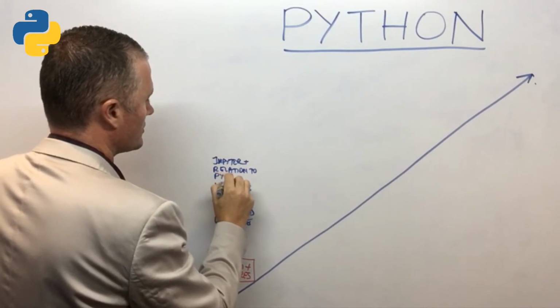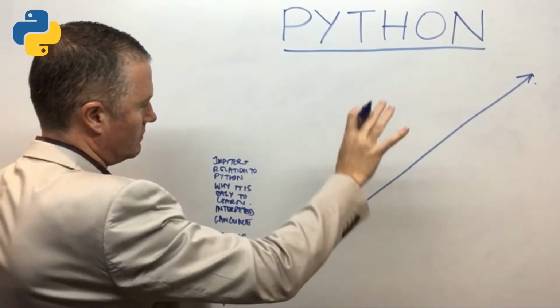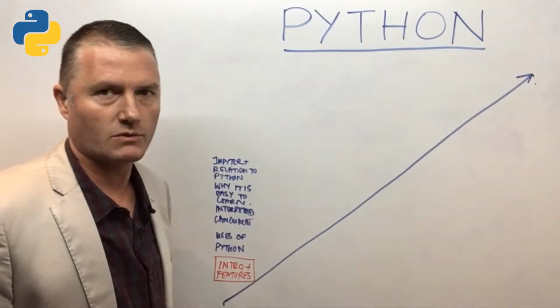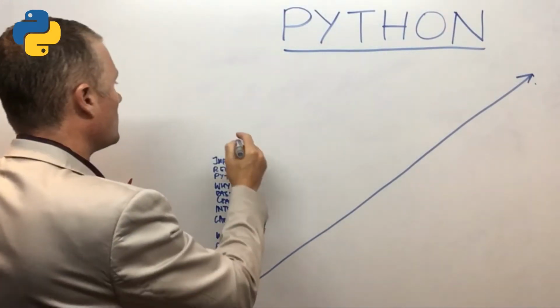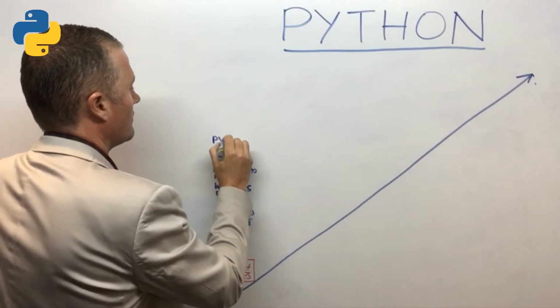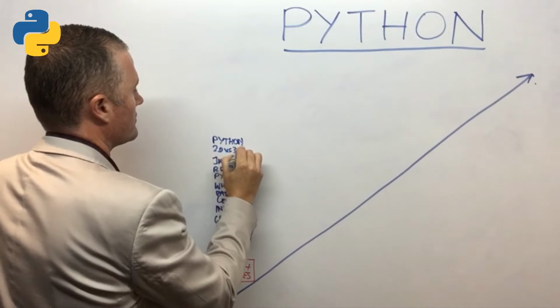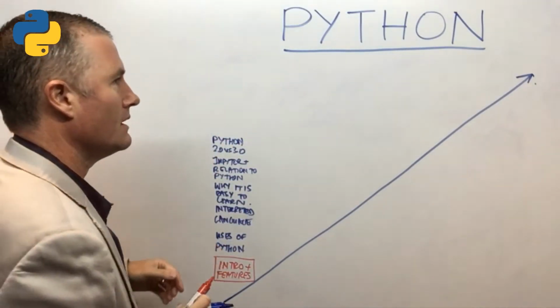Really important that you just go through those lessons and get those basics before you then actually make use of it later on in the course, and I'll explain, of course, exactly how you're going to do that. Right, then very importantly, Python 2.0 versus 3.0, some important things to be aware of there.